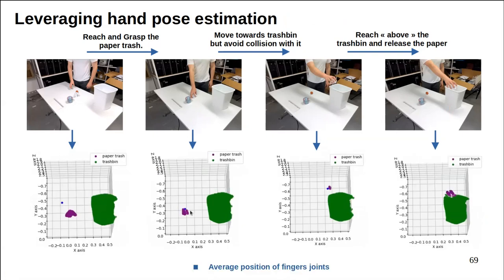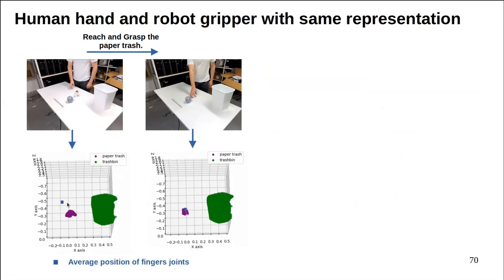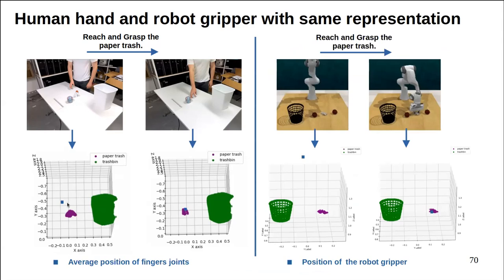Then we perform one more step on this hand pose estimation. We summarized the human operator as the average position of his finger joints. And representing the operator in such a way is quite interesting because we can similarly represent a robot in the 3D scene.